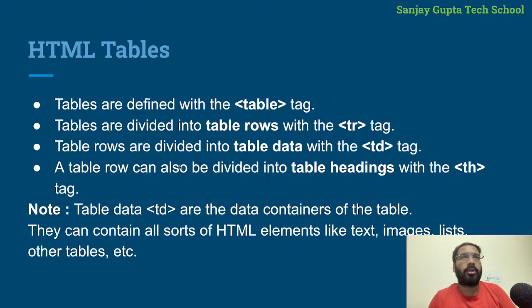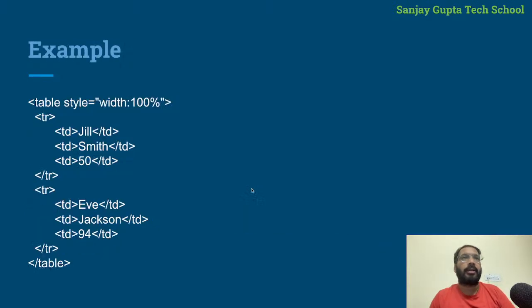We have headings as well, which are written with TH, and table data are the data containers of the table. They can contain all sorts of HTML elements like text, images, lists, other tables, etc. Right, so now let's understand how we can create tables in HTML.